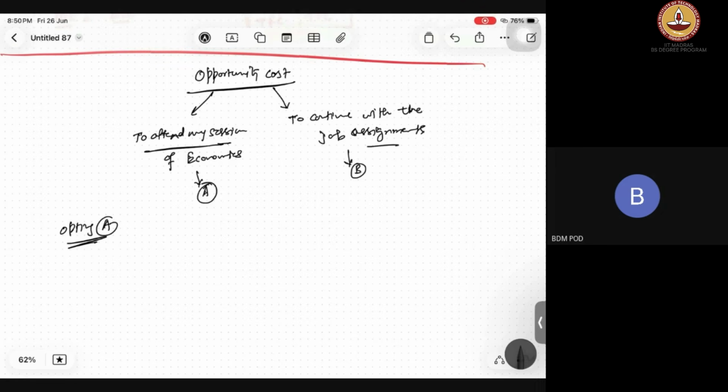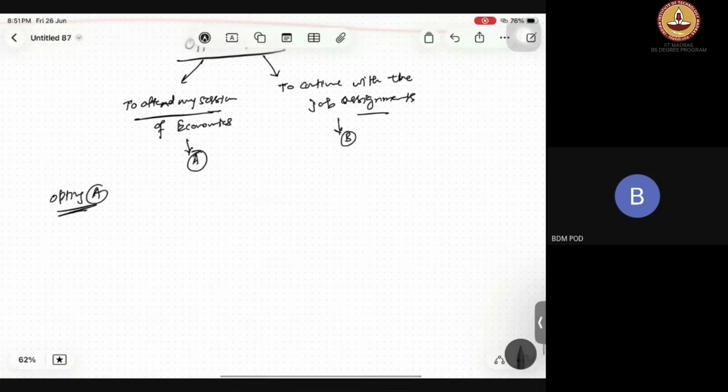So when you are focusing on one project, you are leaving the other project aside, and the value which you are giving up when you opt for one project over another is called the opportunity cost. In economics, it is a very, very important concept.